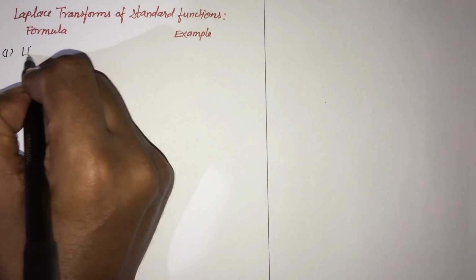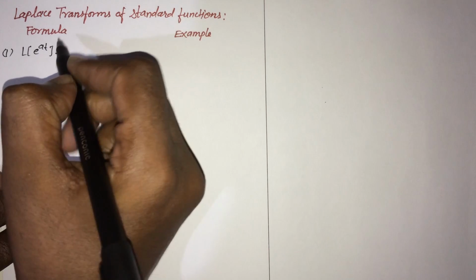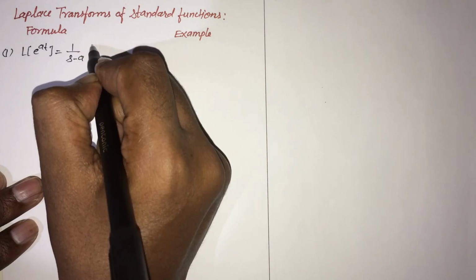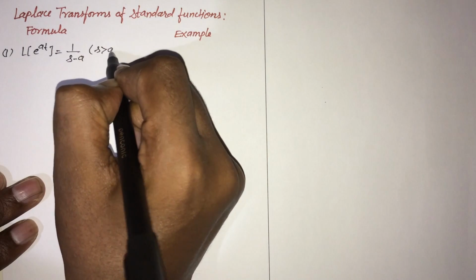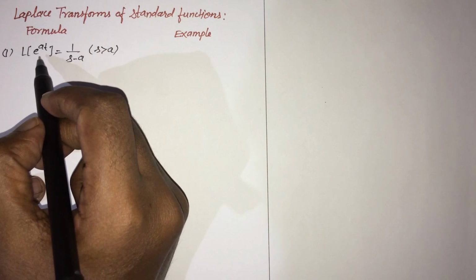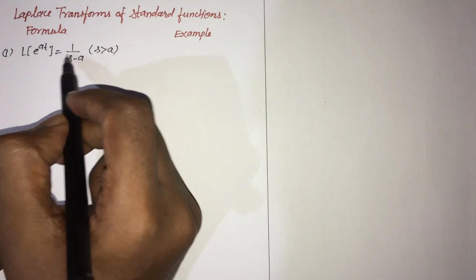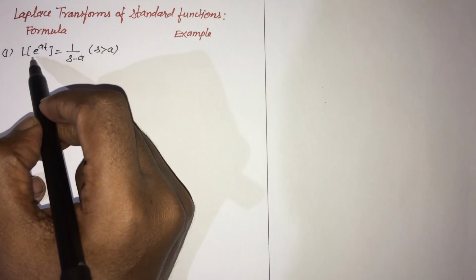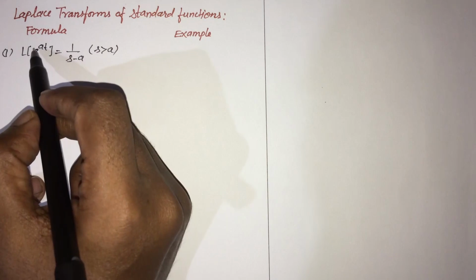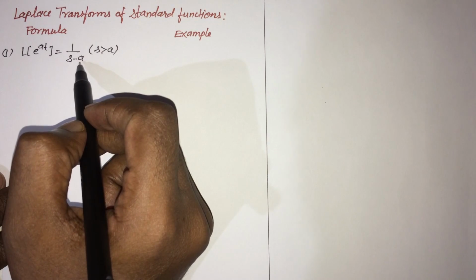the exponential function: Laplace transform of e raised to at is equal to 1 upon s minus a, for s greater than a. If the coefficient of the exponential function is positive, then here it is minus a, and if the coefficient of the exponential is negative, then here it will be plus a.